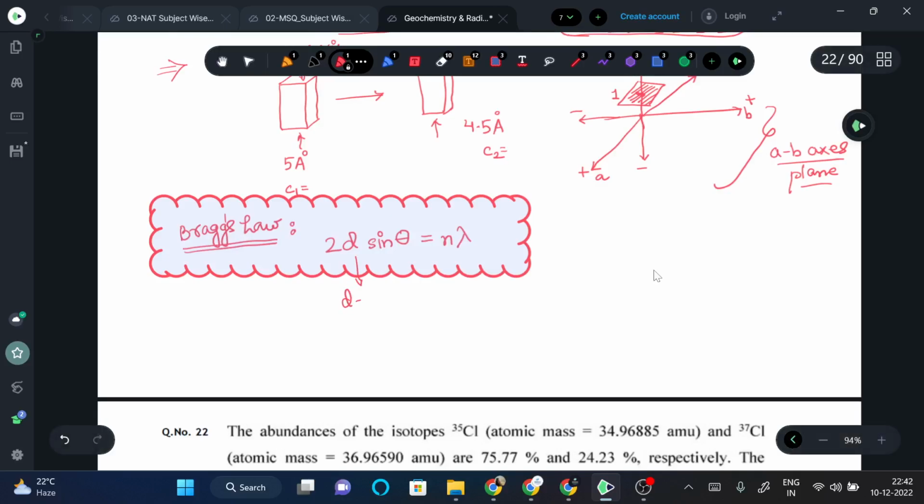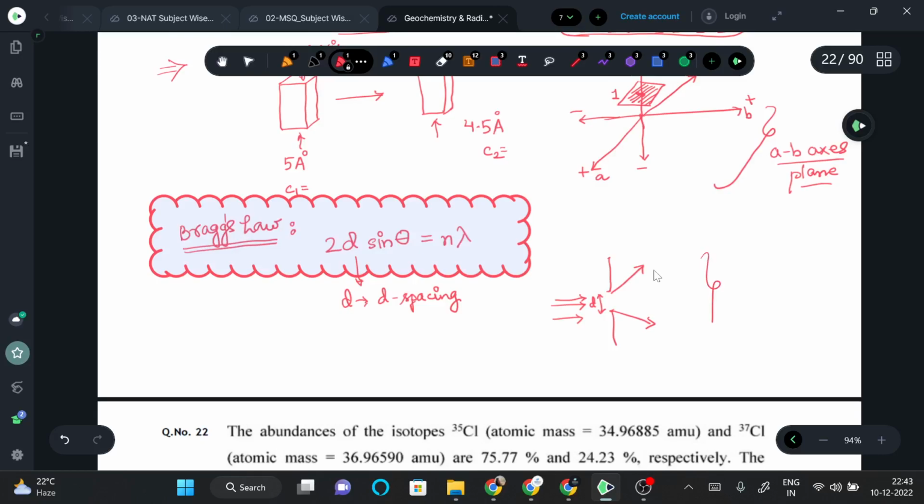Or you can say during the diffraction, the spacing that we have between two slits is D. Like there are these slits, right? Here the rays go. So the difference between these two slits is D. The incoming rays will get refracted from this surface and from this surface.